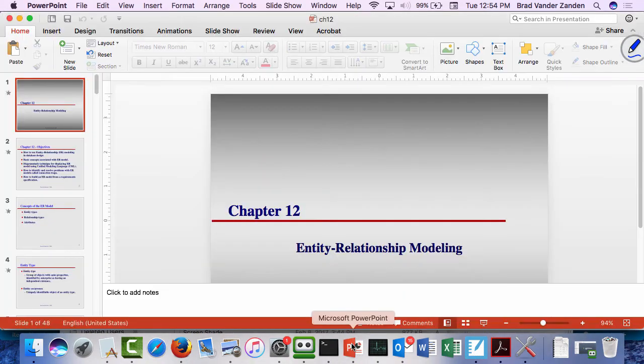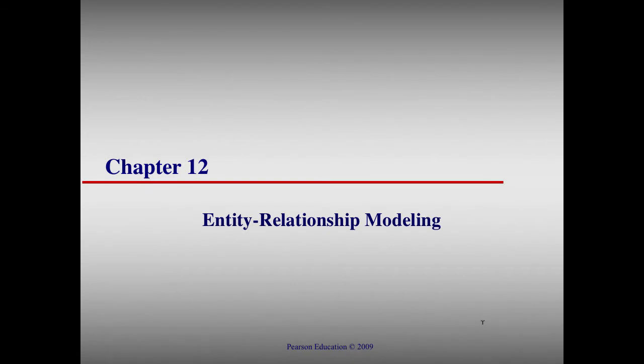So, as I said, the ER modeling is typically abbreviated as ER, but it stands for entity relationship modeling, because those are the two big things with it. Entities get translated into relations, and relationships are what define the foreign keys.